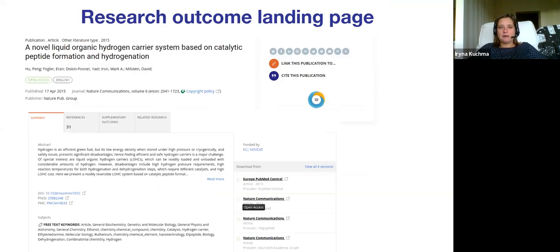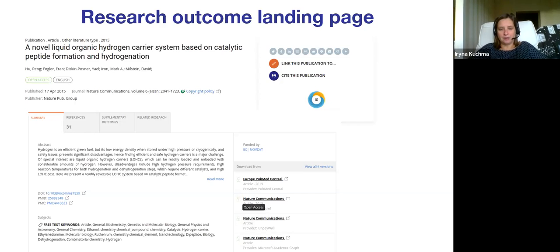And this is an example of an article. When you go to explore.openaire, if you find an article, you can see the article itself, and you can download it from the publisher. It was published in Nature Communications, it's an open access article, or you can download it from the PubMed Central repository. You can also see references that were used in this article, and you can click on them and have a look.